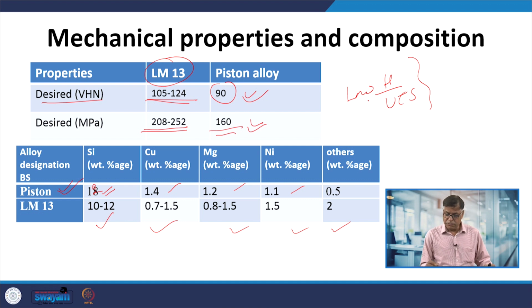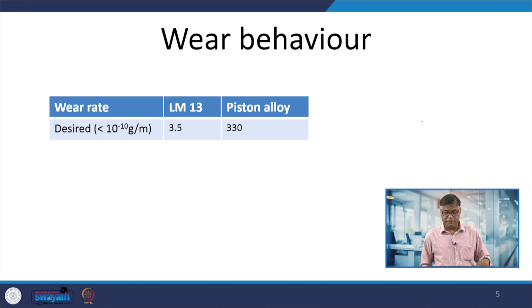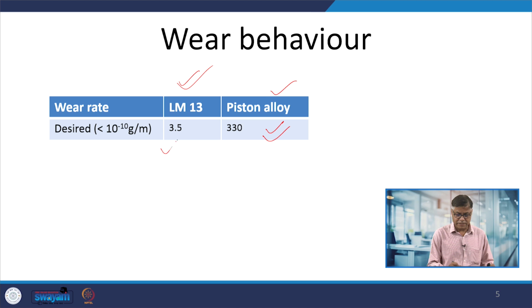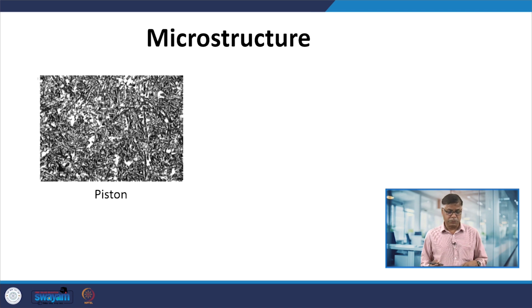So, it was deficient in terms of the mechanical properties. What was the reason behind that? The wear behavior of the piston material and of the actual alloy that should have been there were compared, and the piston showed a much higher wear rate as compared to the alloy, which was the expectation as per the design requirement.